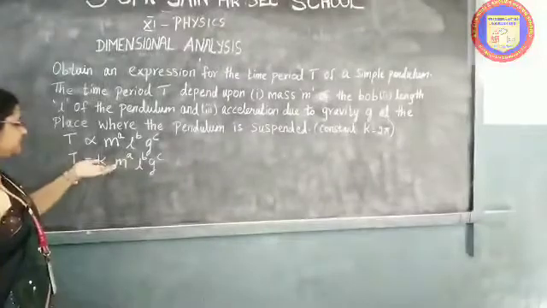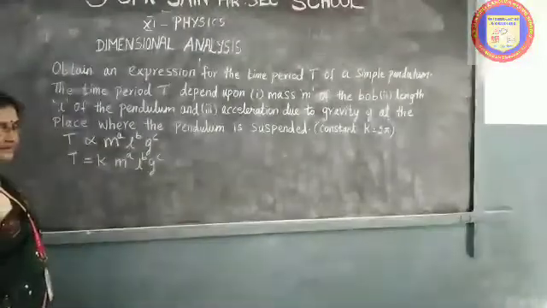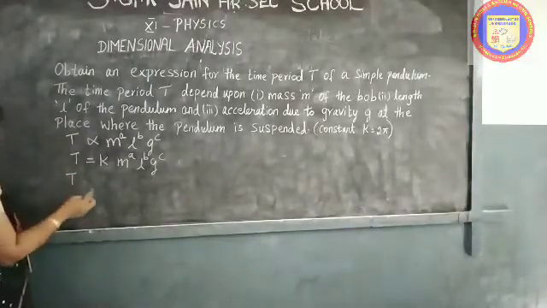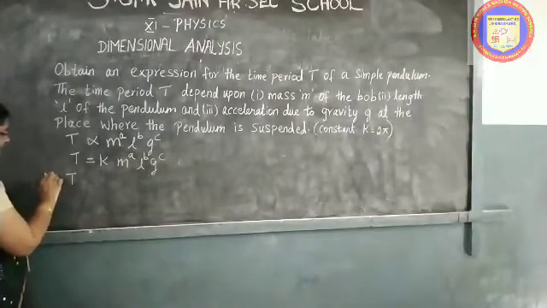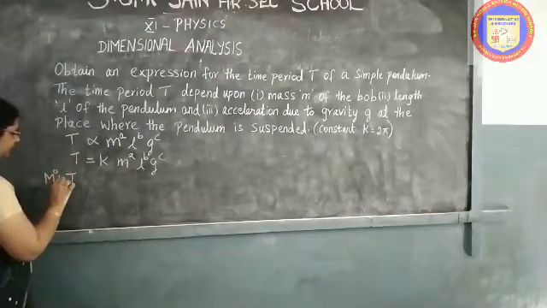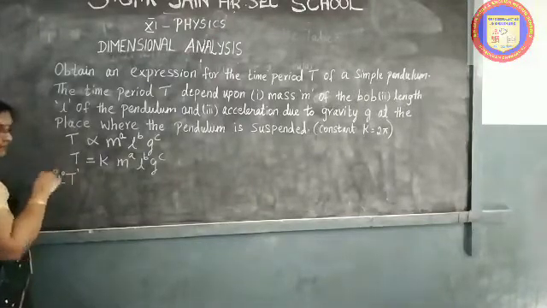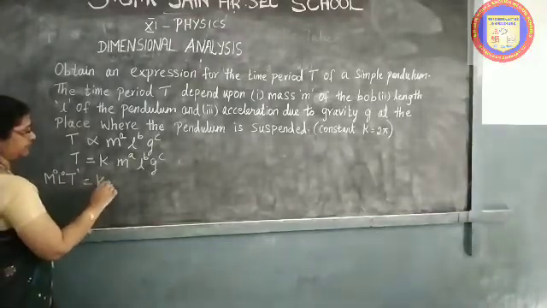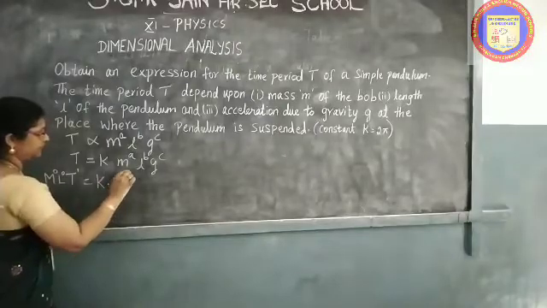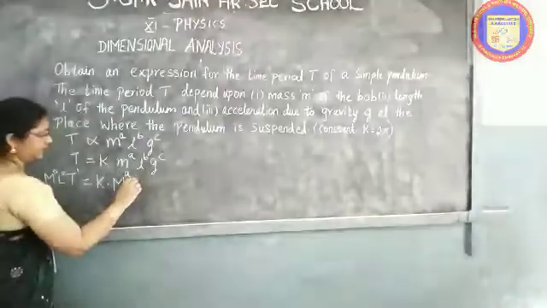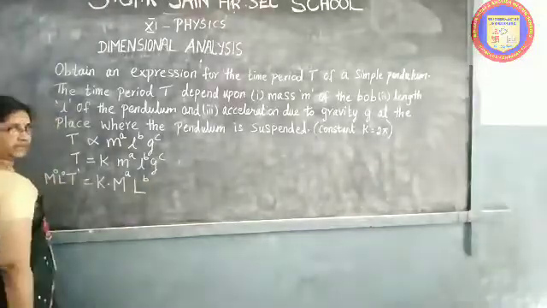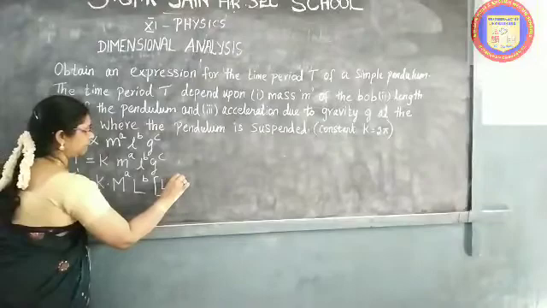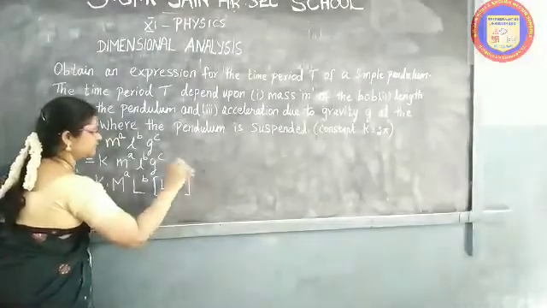Now rewriting all the terms in dimensional form. For the time period, the dimension will be T, where I don't have M and L. So I will write it as M power 0, L power 0, T power 1, which will be equal to k into M power a, the length L so L power b, and acceleration can be written as L T power minus 2, the whole to the power c.